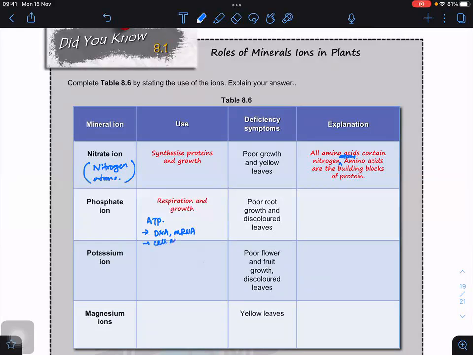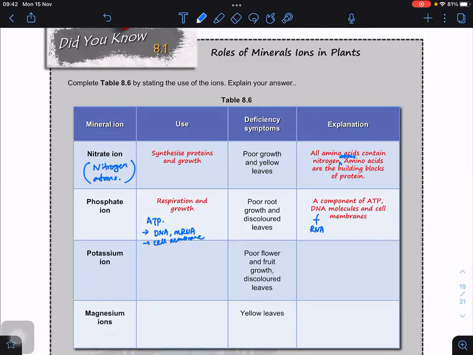The cell membrane also requires phosphates. So what is the function of phosphate ions? Phosphate ion is a component of ATP, DNA molecules, and also the cell membrane. Not only DNA, RNA also requires phosphate groups.